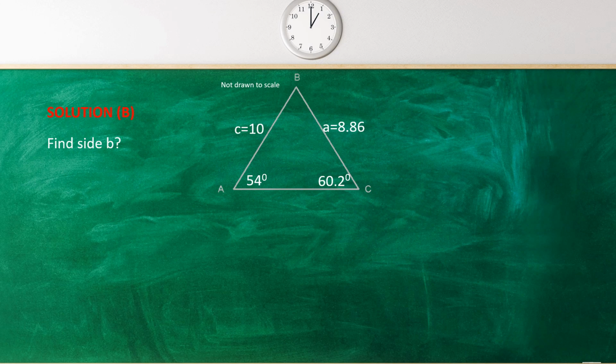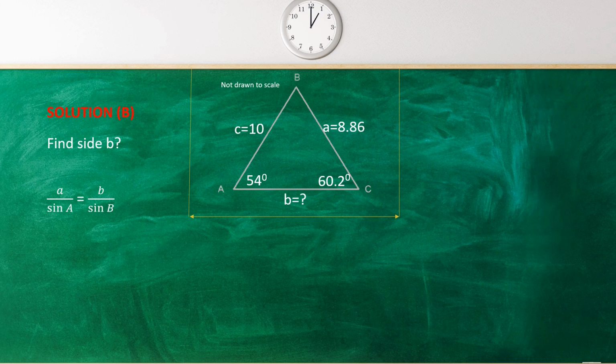In this case, we'll require the side B. Of course, we do have an angle at B, which we can work out, but we'll show that shortly. The formula would read A over sine A will be equal to B over sine B. We require the side B, that's why we're involving it.